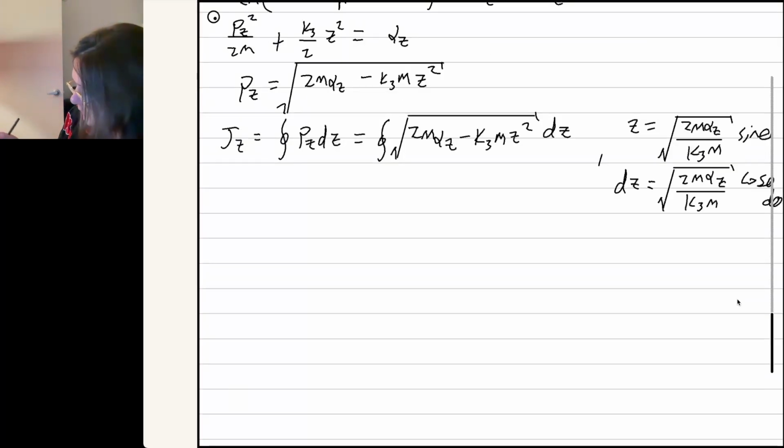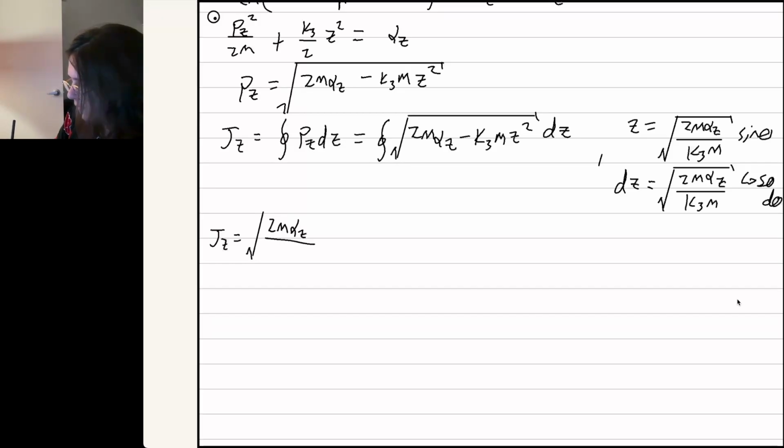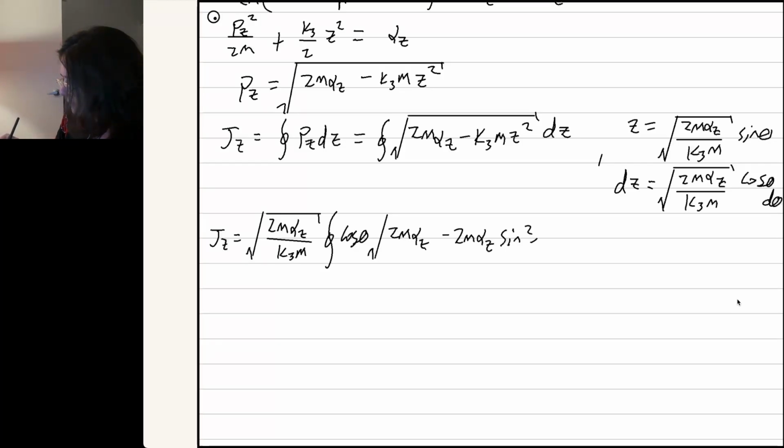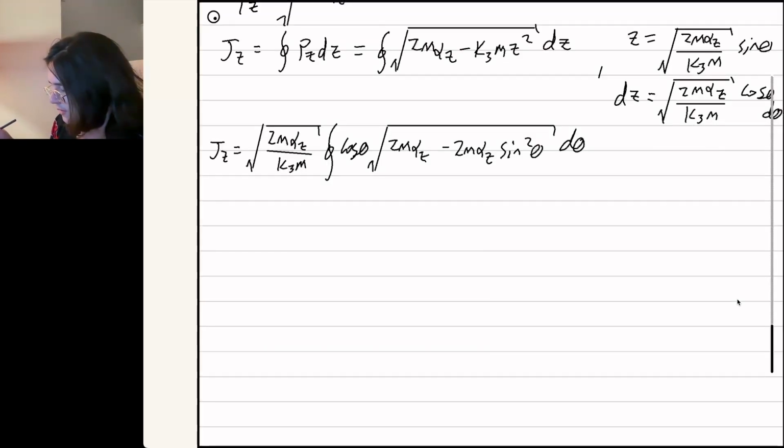And then rewrite the integral, so Jz will be the root of 2m alpha z over k3 m. And then inside the integral we'll have cosine theta times the square root of 2m alpha z minus 2m alpha z sine squared theta, d theta. Then we can go ahead and factor out the 2m alpha z.